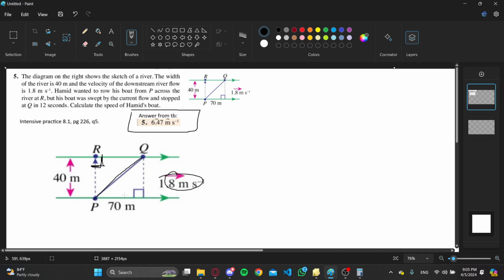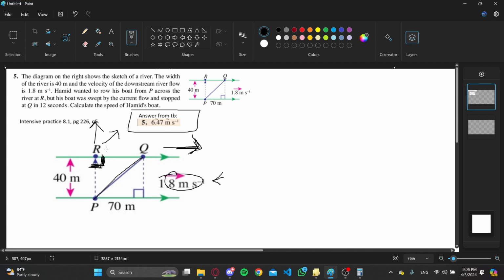So it's without a doubt he travels this much, P to Q, and if the only vector carrying him in the x direction is the speed of the river, since we are claiming that if this is 90 degrees, then he only moves upwards.